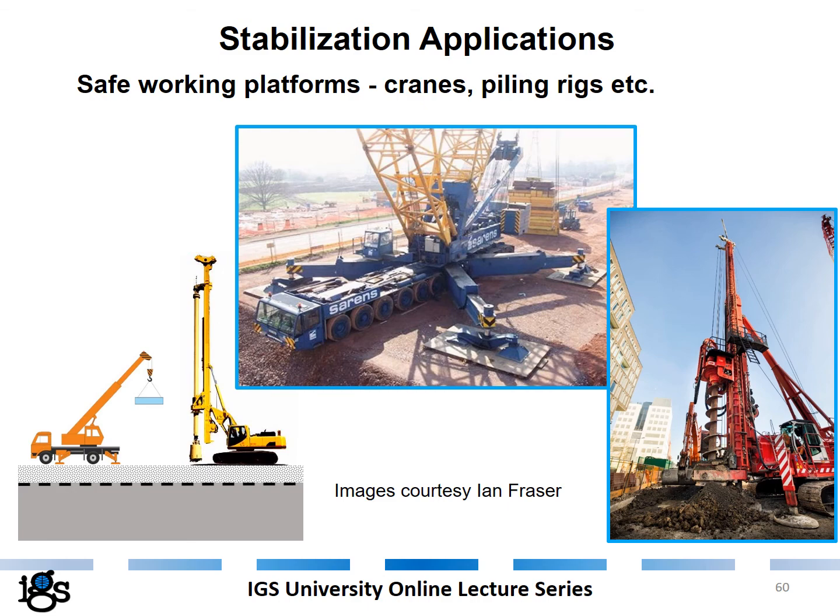I would like to give a few examples for stabilization applications. They can constitute safe working platforms for cranes, piling rings, etc., as you can see on this sketch with the stabilization geosynthetic layer, or as you can see in these pictures.